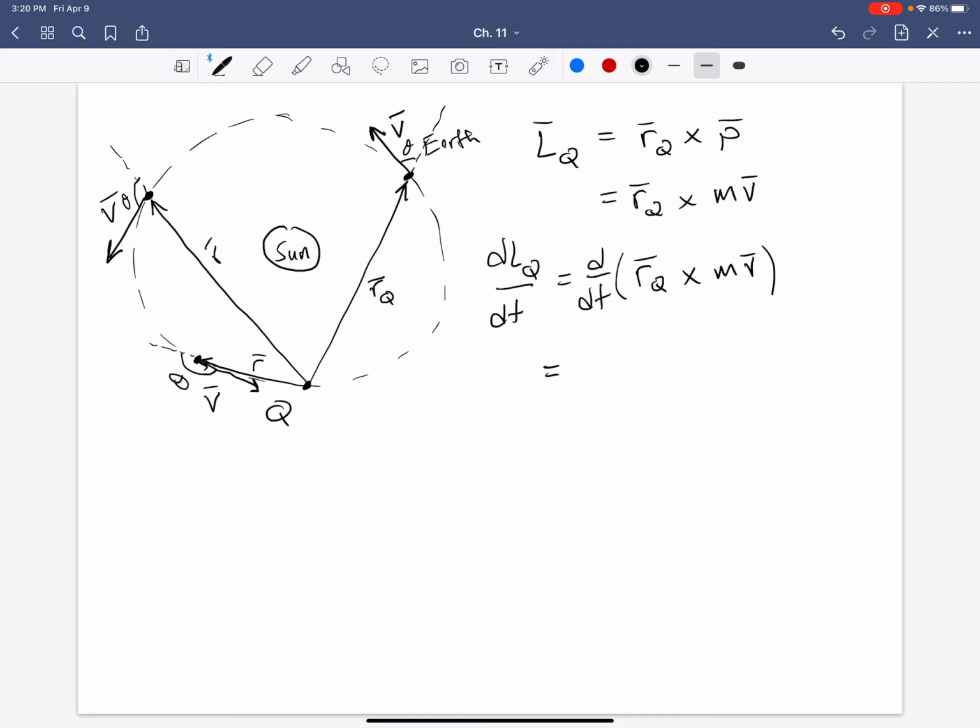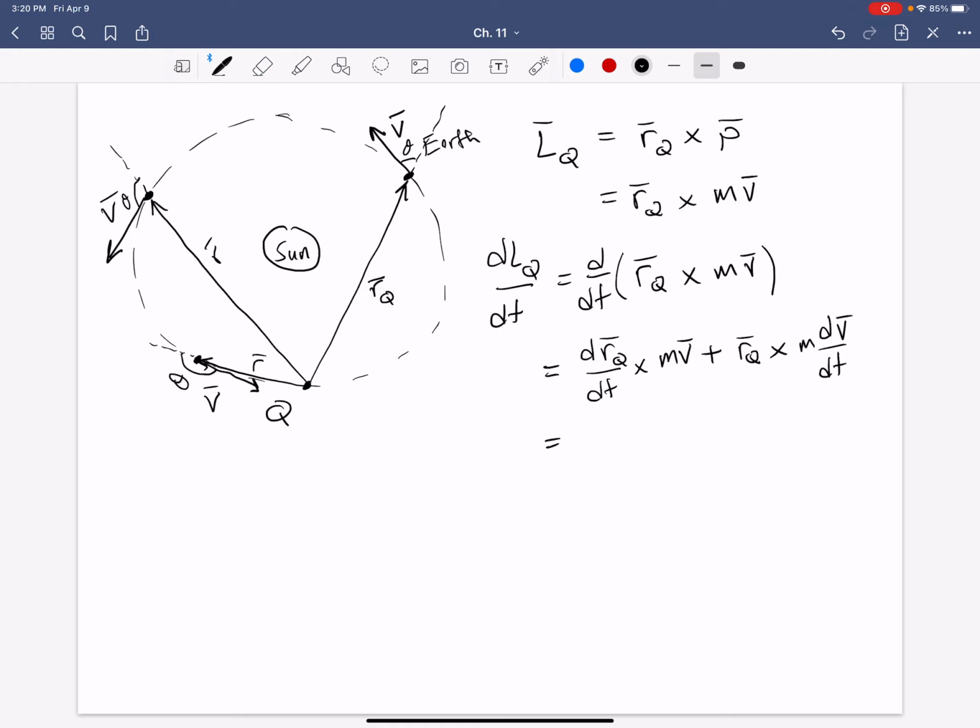This time derivative of a cross product, if you don't know, is pretty much like the product rule, which means it's dr/dt crossed with mv plus r crossed with, let's bring the mass out, m dv/dt. That's what the derivative of a cross product pretty much is, right? Now, let's see what happens. What can we cancel out?